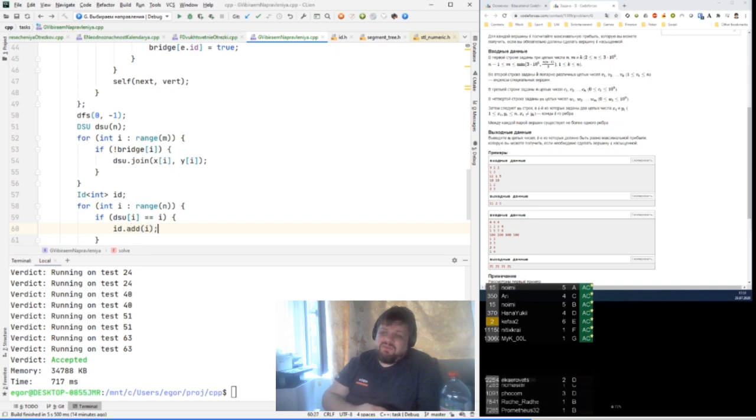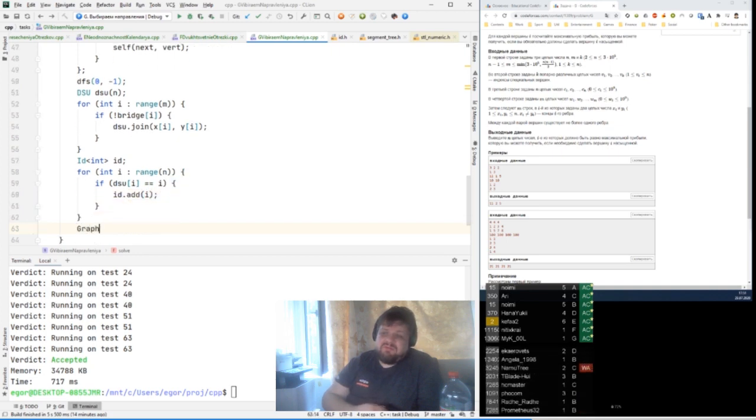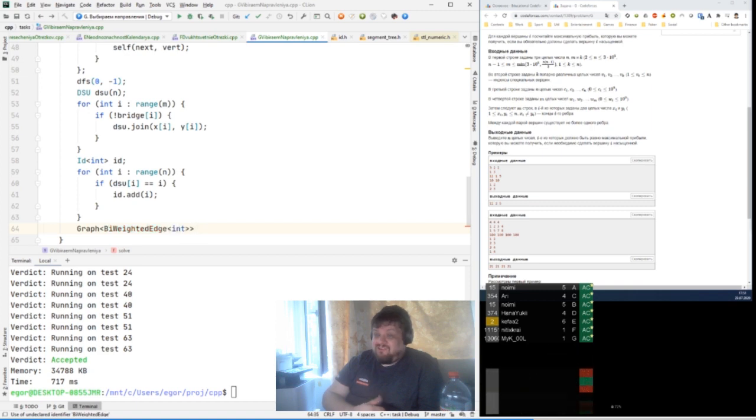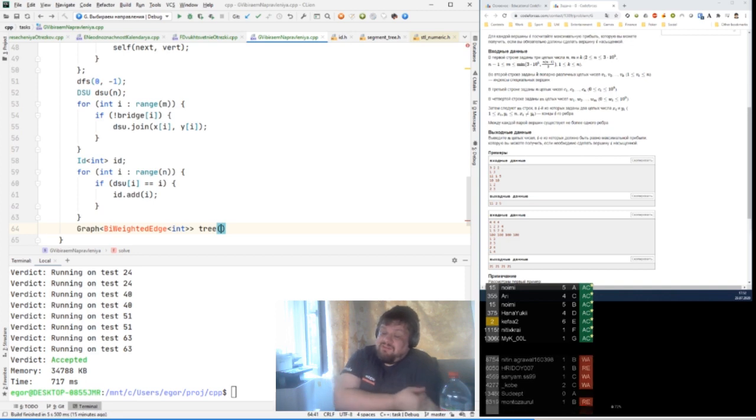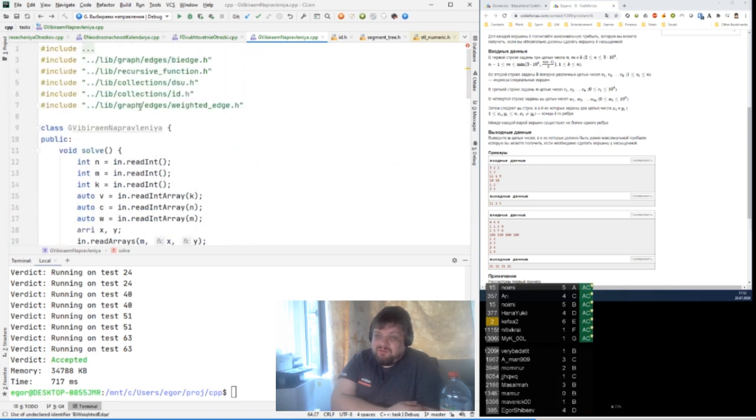I'm still not sure if this problem is better with this trick of converting from the problem on a general graph to a problem on trees, is it good for this problem or is it bad for the problem.